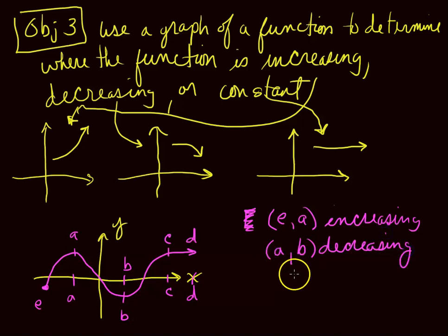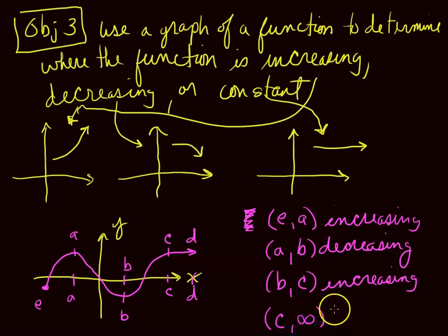From B to C would be increasing again. And maybe we go to infinity instead of D. From C to infinity, it looks like it's constant. So that's really all we're looking at with that stuff.